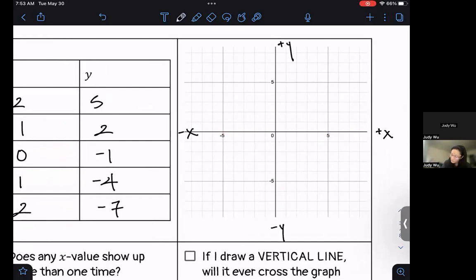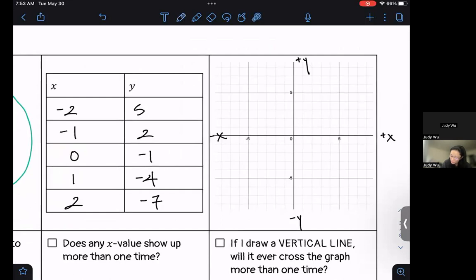When we're plotting these, we grab a coordinate point, -2, 5. That means we start from the origin, go 2 to the left and 5 units up. That puts our first point right here, -2, 5.